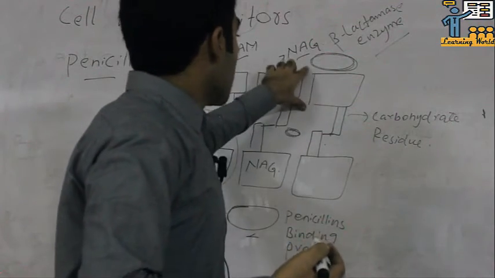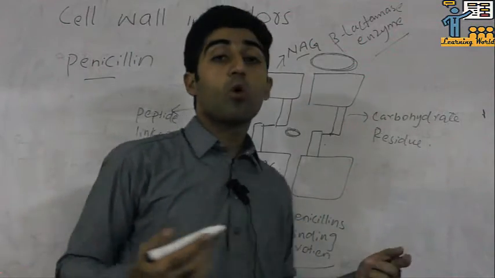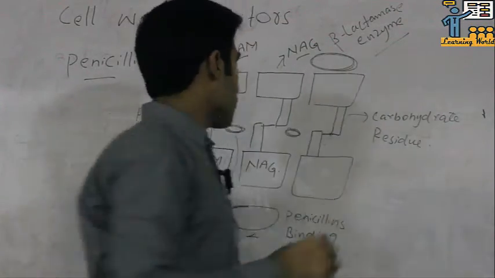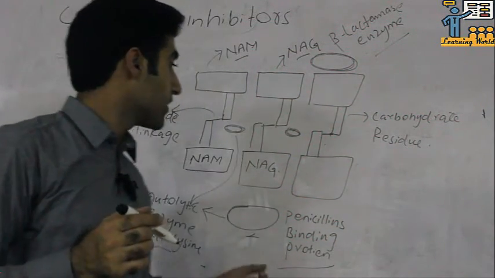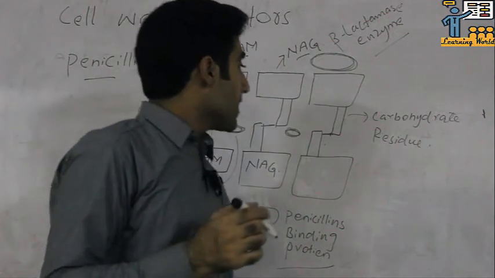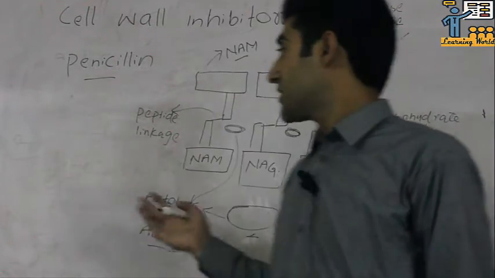Sometimes this beta lactamase enzyme will provide resistance against penicillin. This beta lactamase enzyme will break this penicillin antibiotic. And other resistance is also provided by this bacteria.